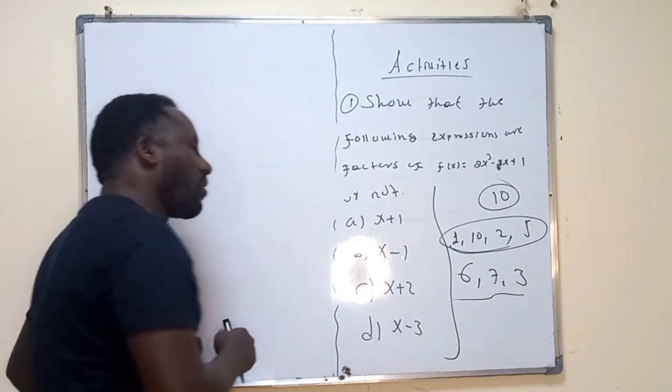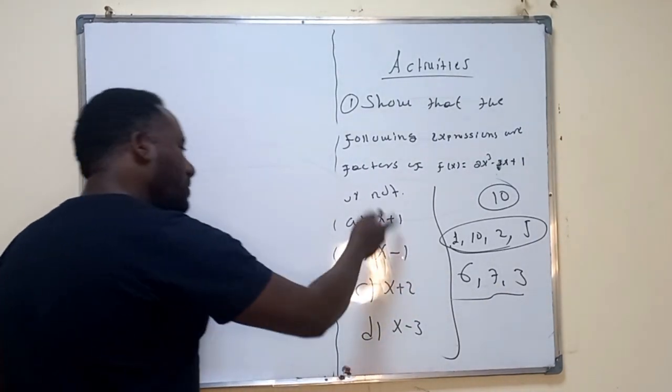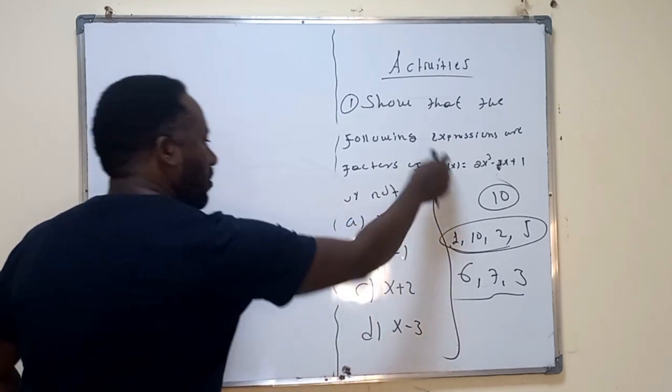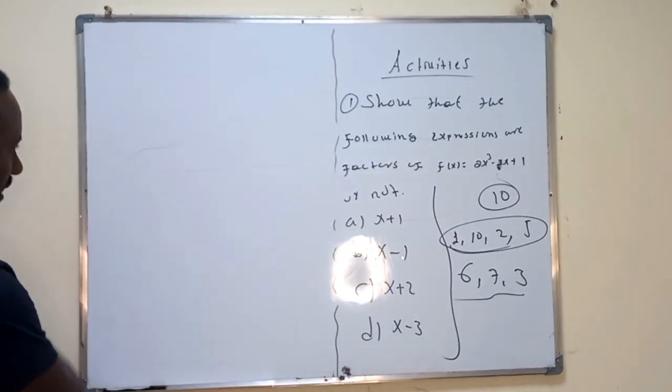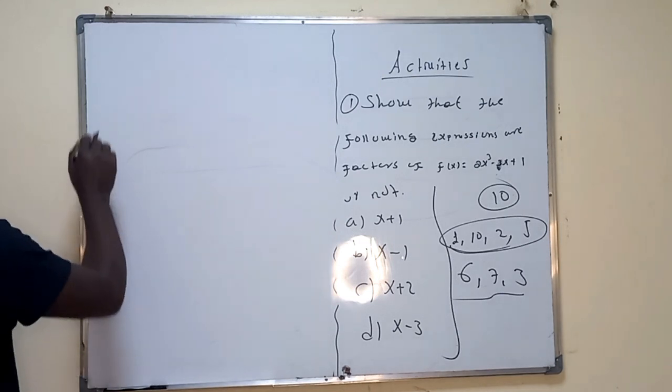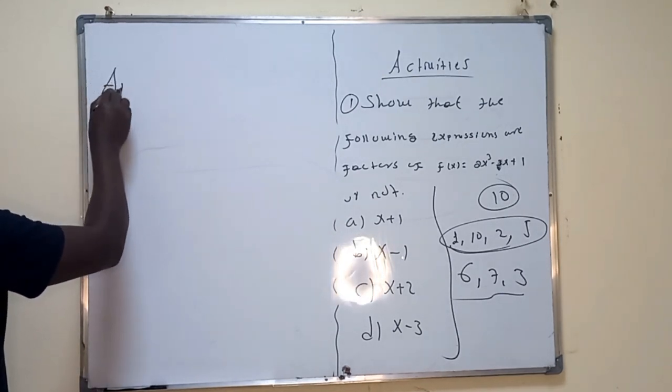The second technique ደግሞ ምን ይሆናል? እያንዳንዳቸውን 0 የሚያደርገው x value ይሄን 0 ማድረግ መቻል አለበት ማለት ነው። ለምሳሌ look, this one, let's take an answer for the activities.